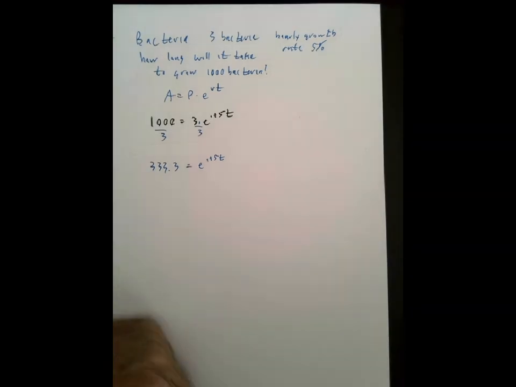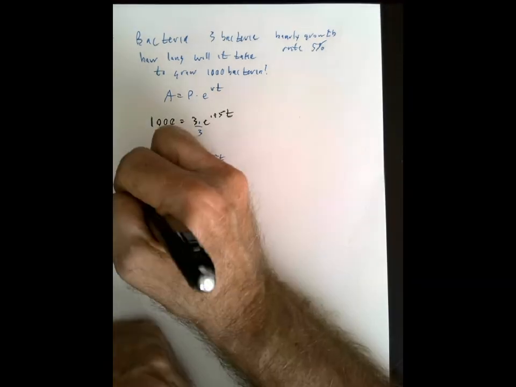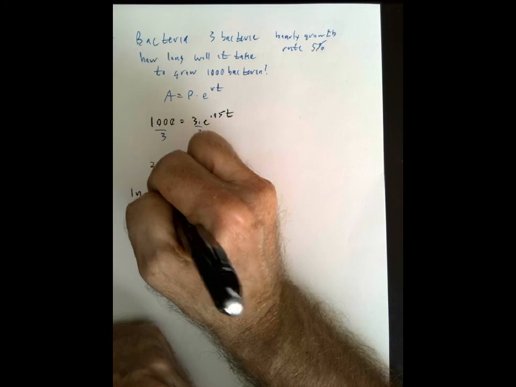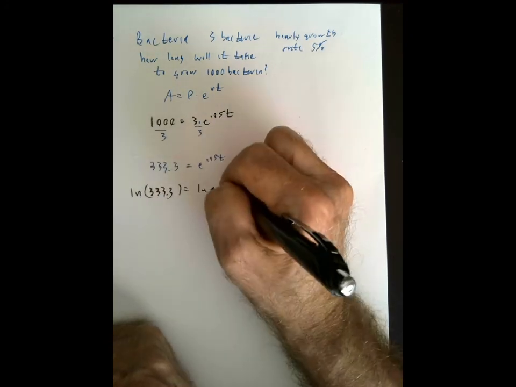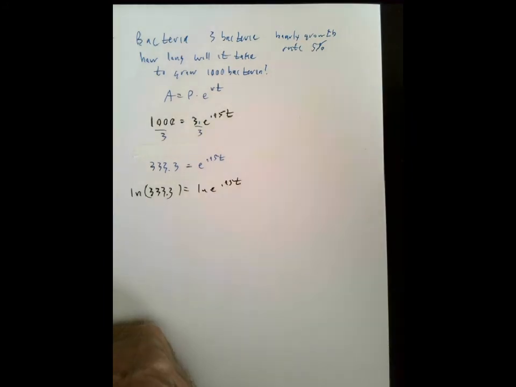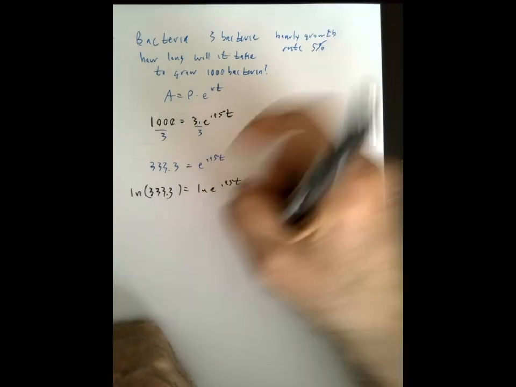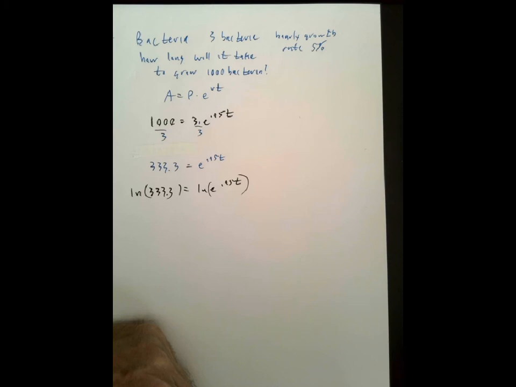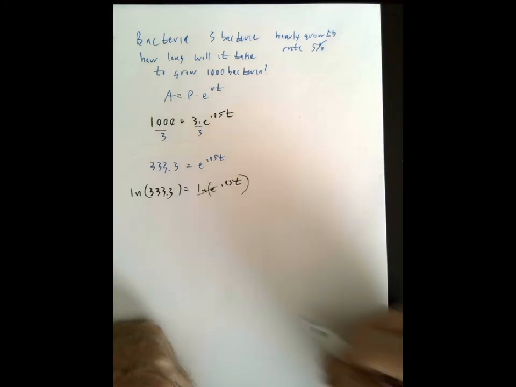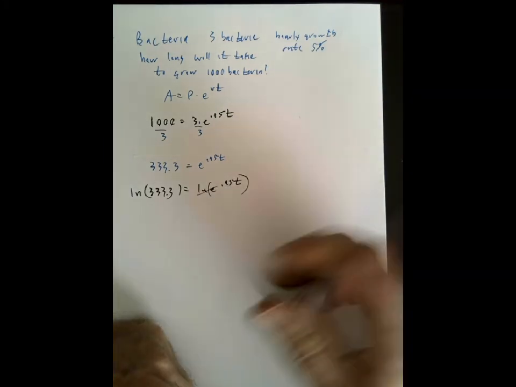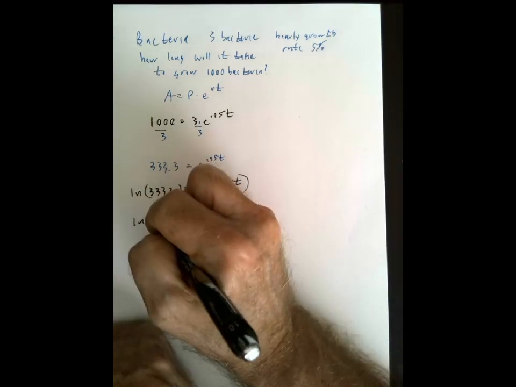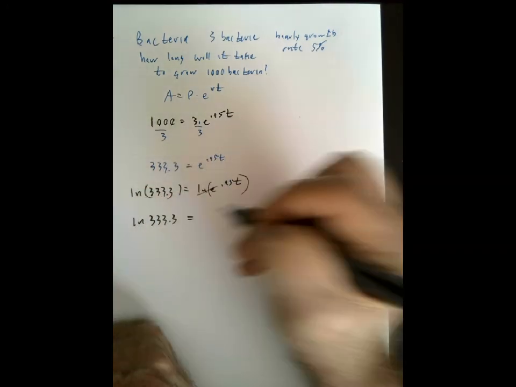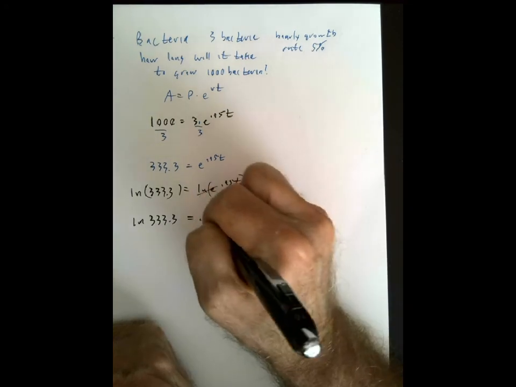Now we ln both sides. ln 333.3 is equal to ln e to the 0.05t. The ln and the e cancel each other. So we've got ln 333.3 is equal to 0.05t.